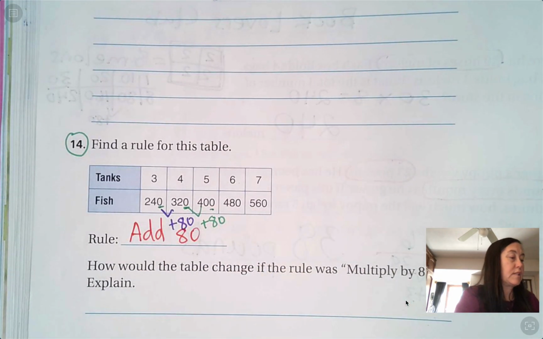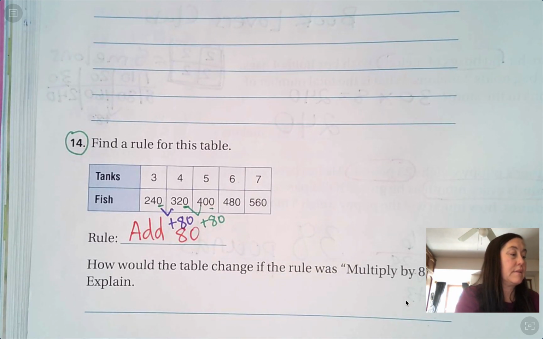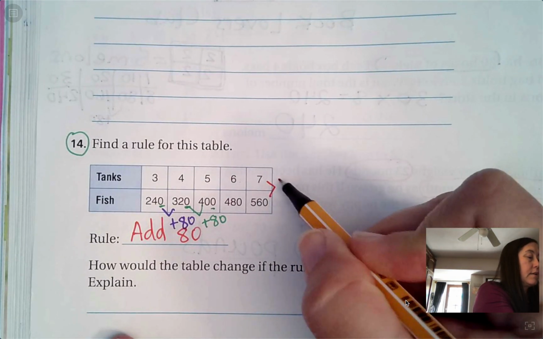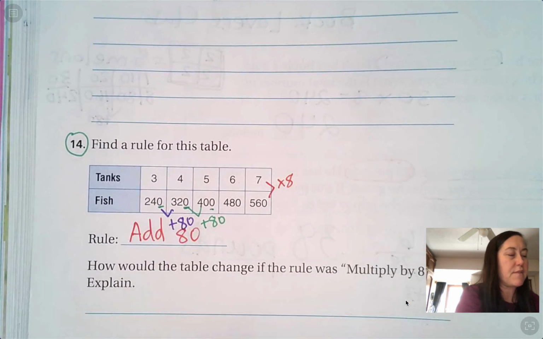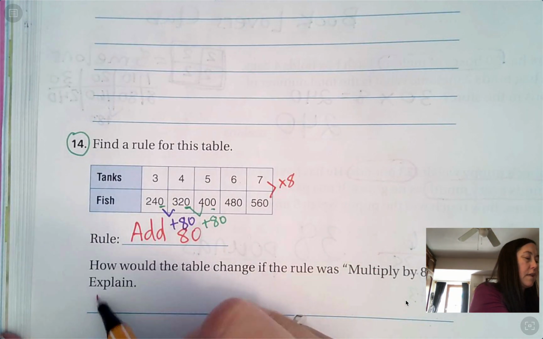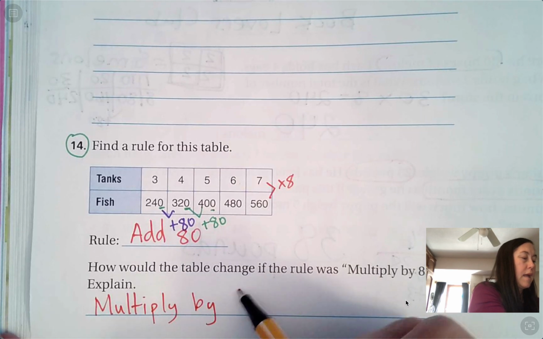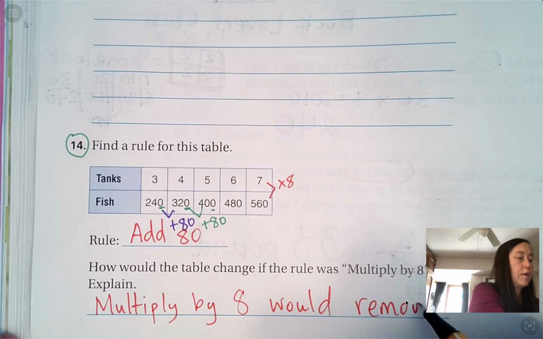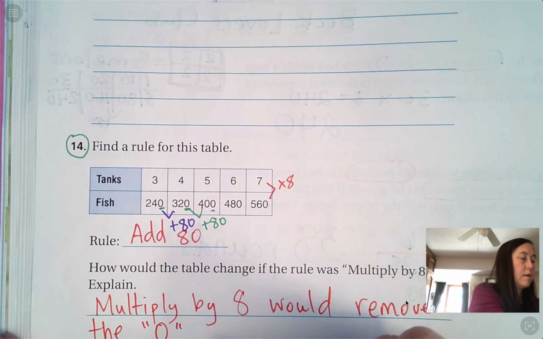Add 80. So explain how the table would change if the rule was multiply by 8. If it was multiply by 8 here, is it times 8? 7 times 8, is that 56? I mean, is 7 times 8 560? Nope. But multiply by 8, it would remove the 0 place.